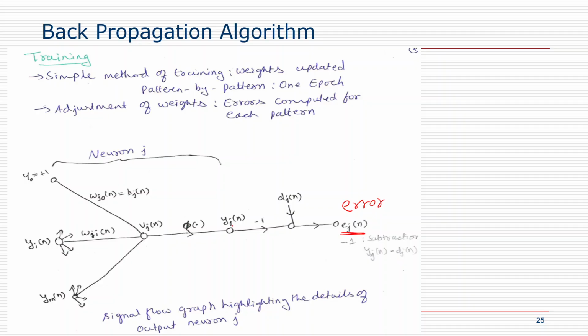And here yj of n is the predicted output. Phi is the activation function, and vj is the summation induced by multiplying the inputs, the yi's in this case, with the weights, that is the wji's.